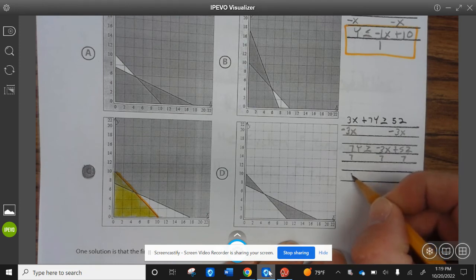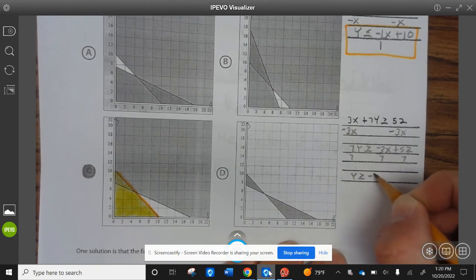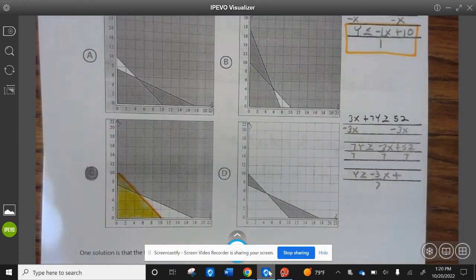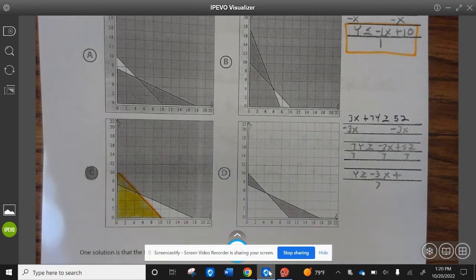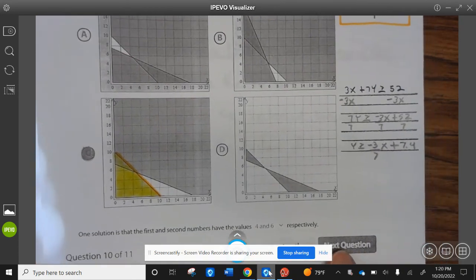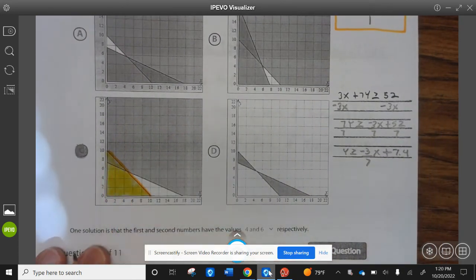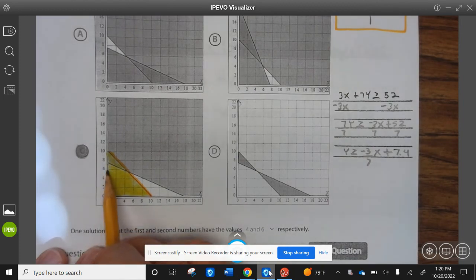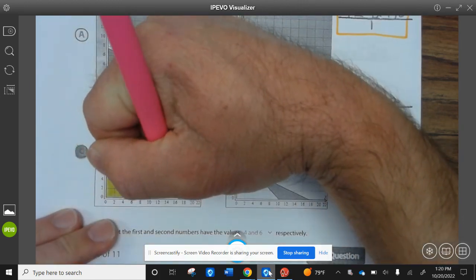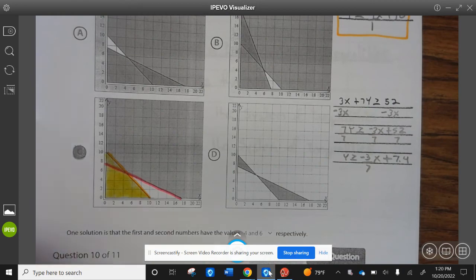You get y greater than or equal to negative 3 divided by 7 x plus 7.4. Okay. So we start at 7.4, which is here. We go down 3 to the right 7, down 3 to the right 7. And then it's greater than, so we shade above.